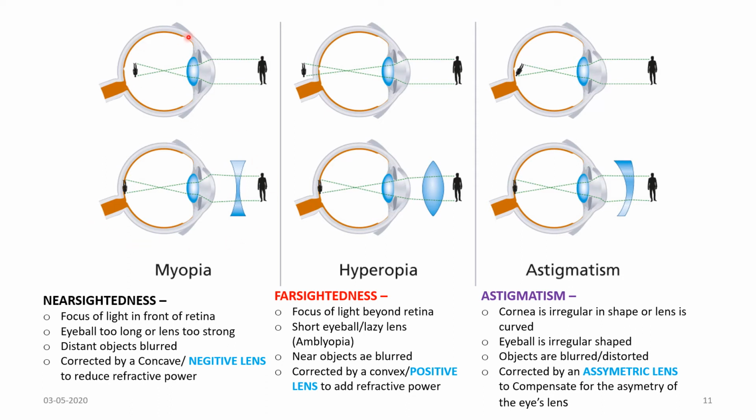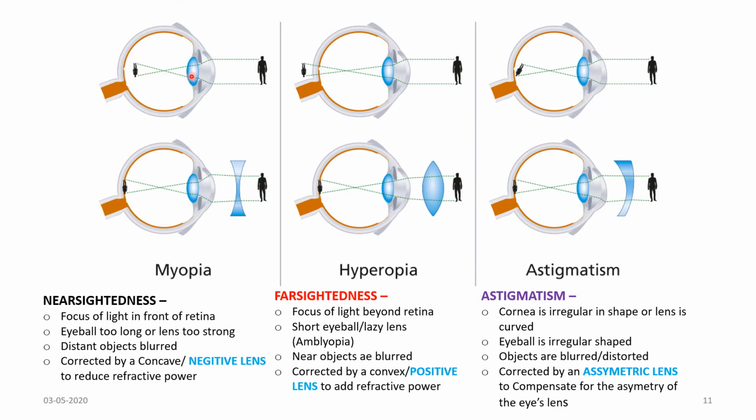We can look at these pictures for understanding what is myopia, what is hypermetropia, and what is astigmatism. In the case of myopia or nearsightedness, the focus of light is in front of the retina.